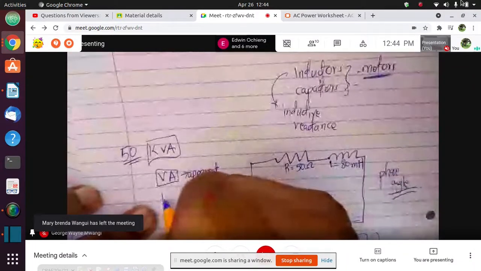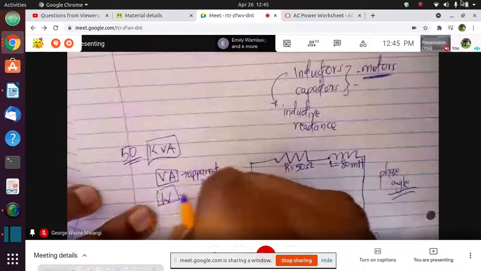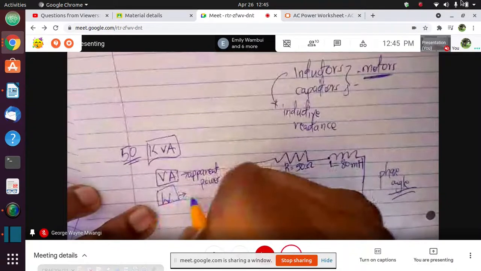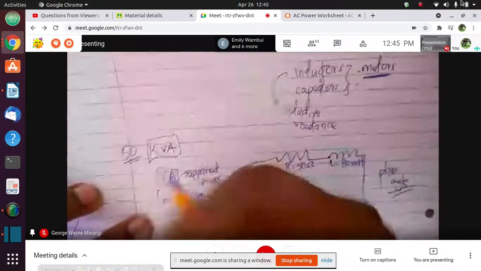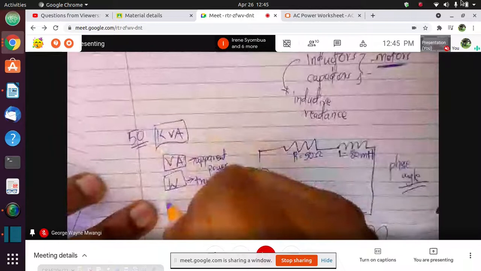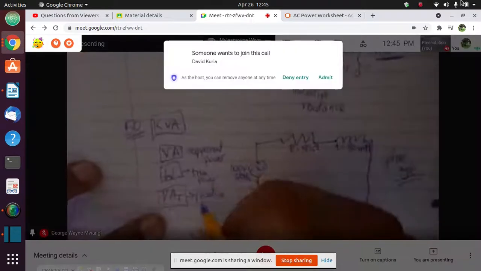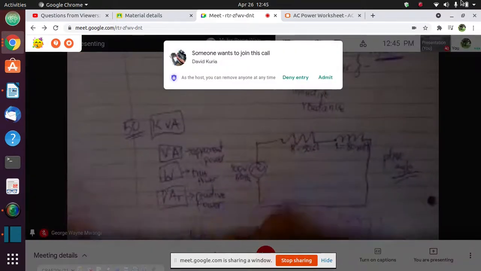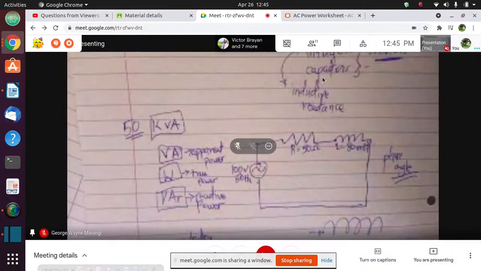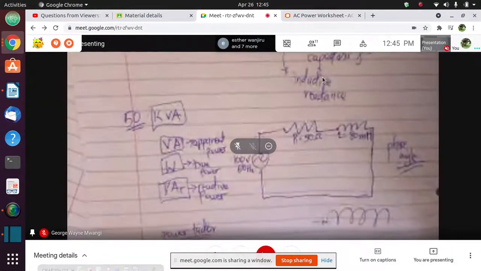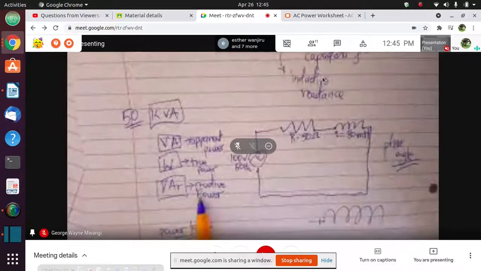Watts or kilowatts, watts is the unit for true power. And volt ampere reactive is the unit for reactive power.